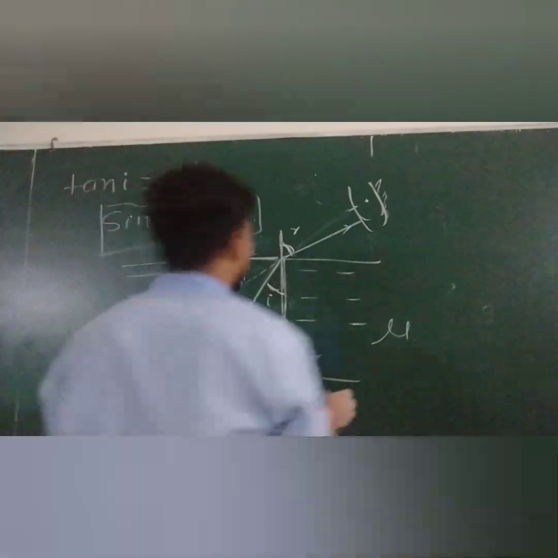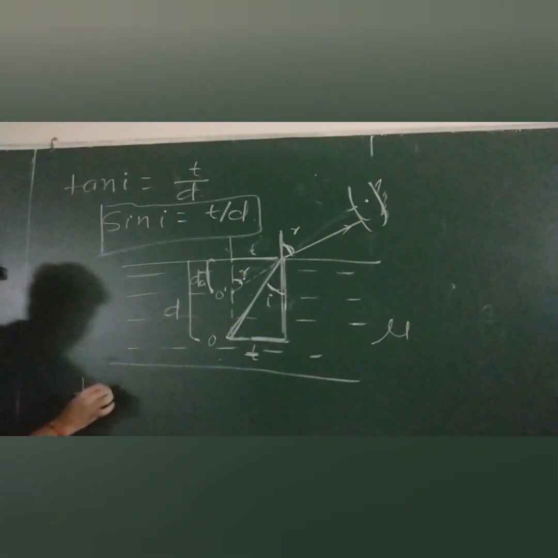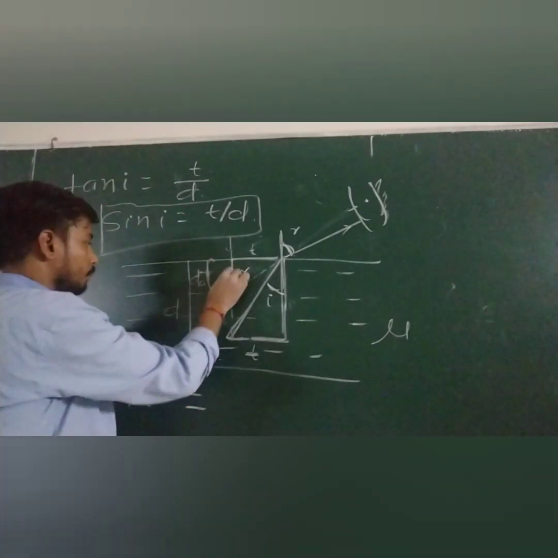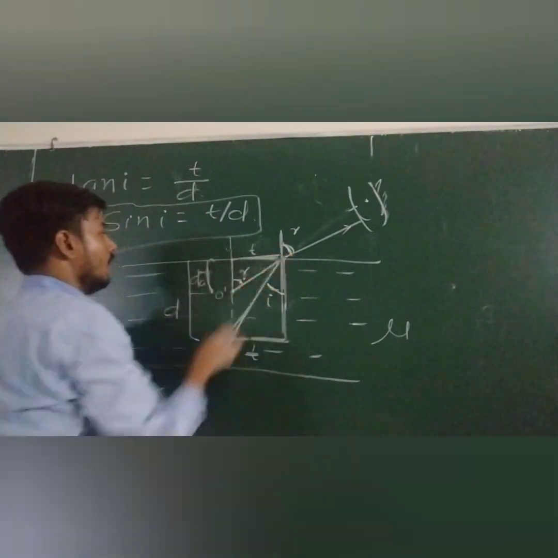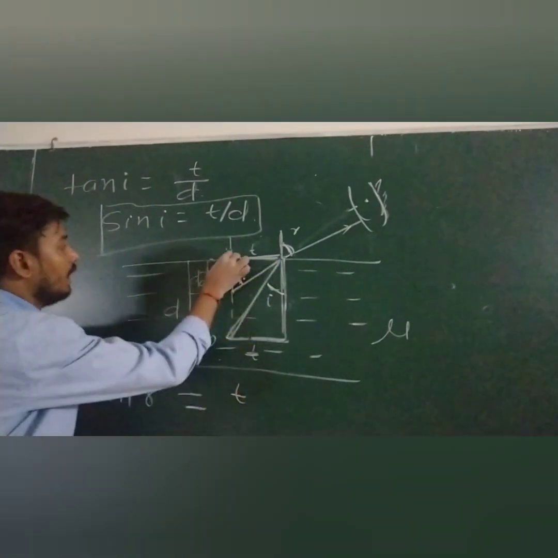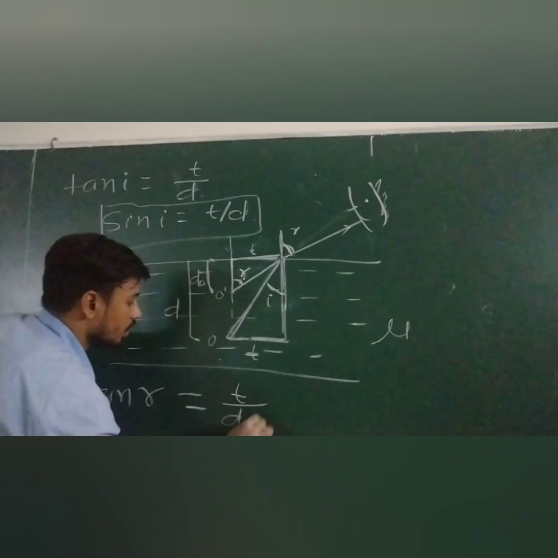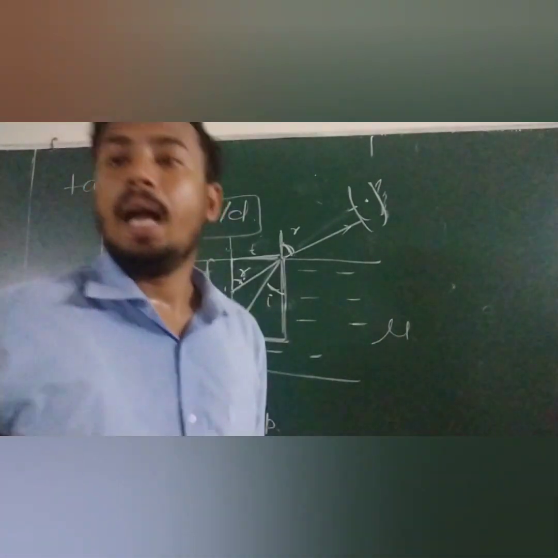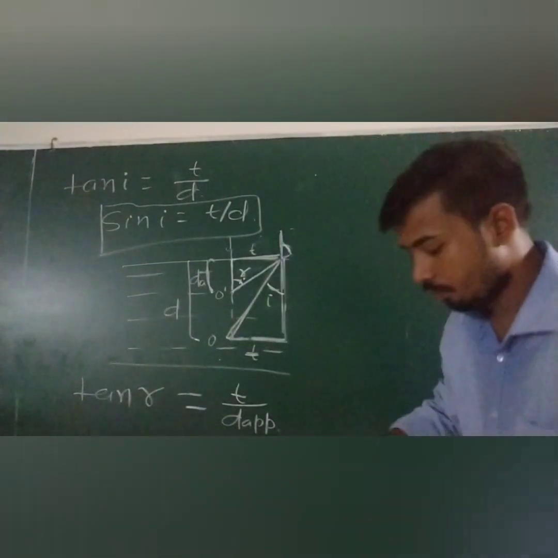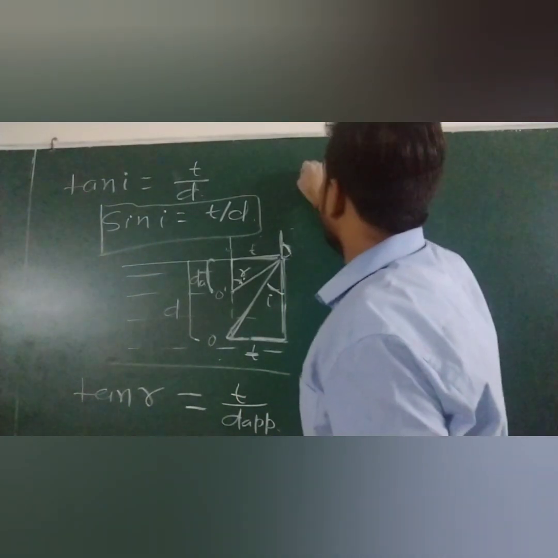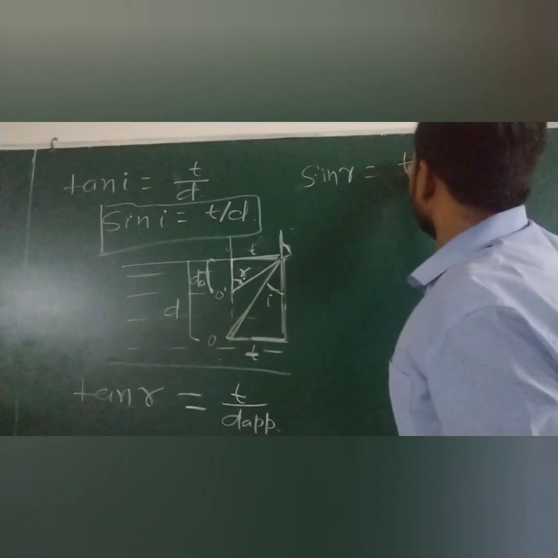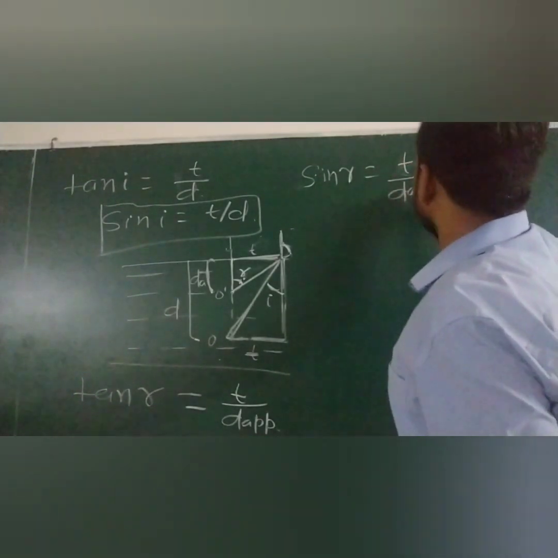Same thing we can write here: tan r is equal to t by this height, d apparent. So sin r is equal to t by d apparent.